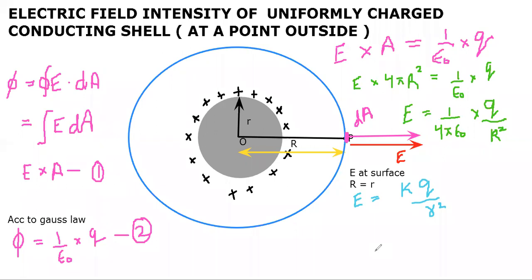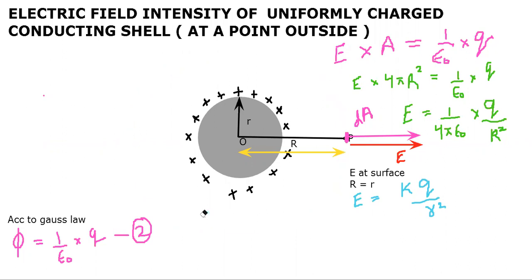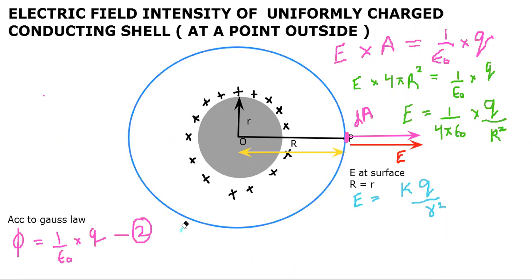Now if you want to find it at the center, you can just think yourself what would be the value of R in that case. So in that case we can write E at center. We have to find E at center now.